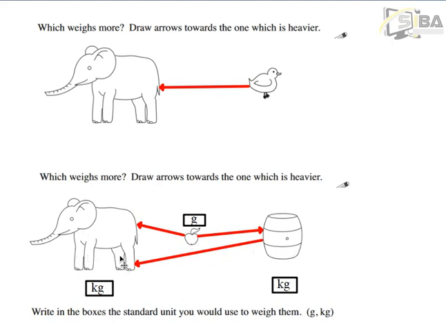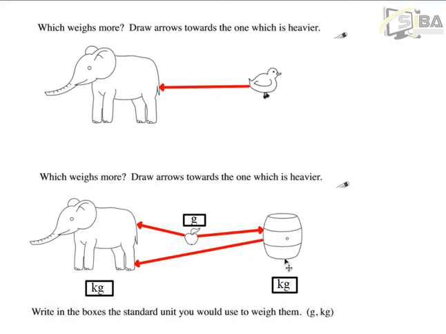So here you realize obviously the apple is the smallest object here. So we are starting from the smallest object. Our arrow is being drawn towards the elephant, which is definitely bigger than the apple. And then our barrel is heavier or bigger than the apple, so our arrow is drawn from the apple towards the barrel.